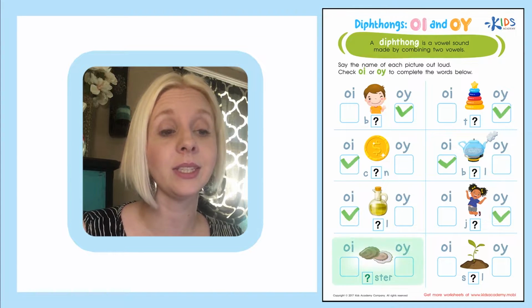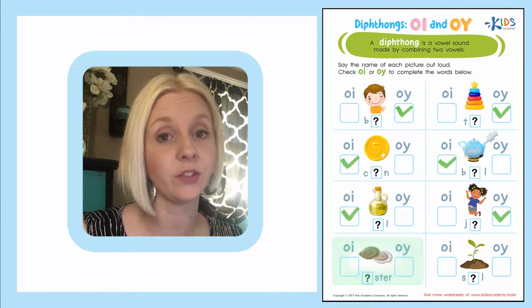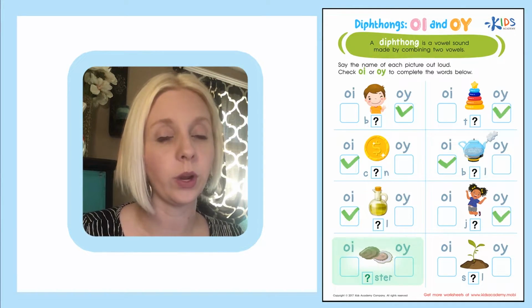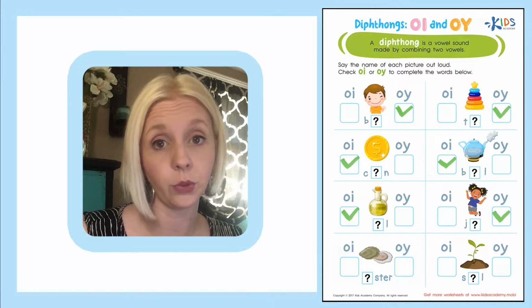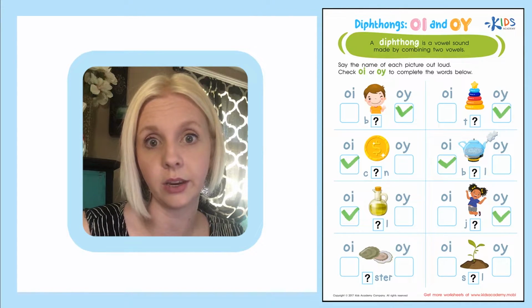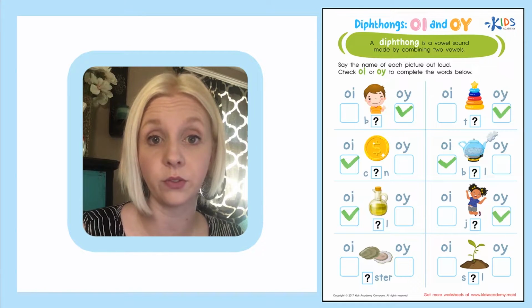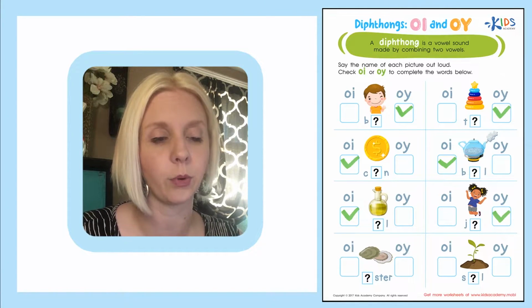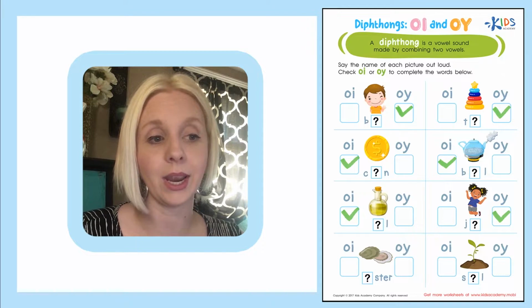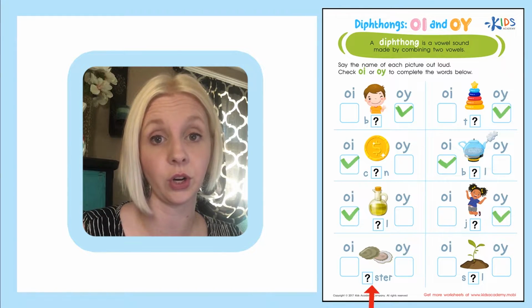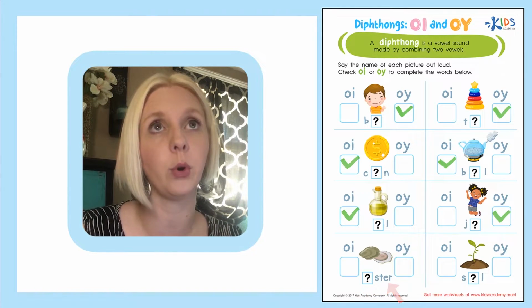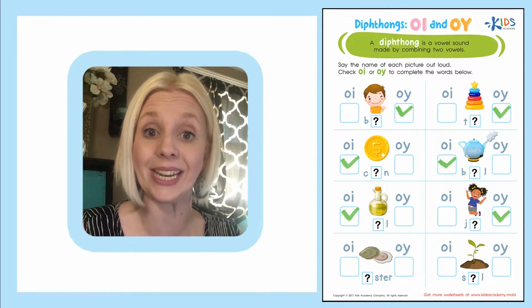Okay? Now this next word is kind of tricky, okay? This one does not follow the rule. Sometimes there are words in our language that don't always follow the rules, and this is one of the ones that breaks the rules. This word right here is oyster. An oyster is an animal, or it's something that sometimes people eat.